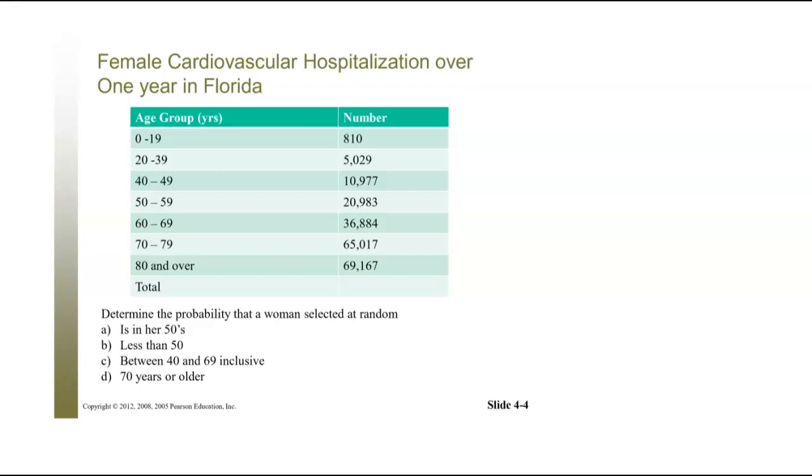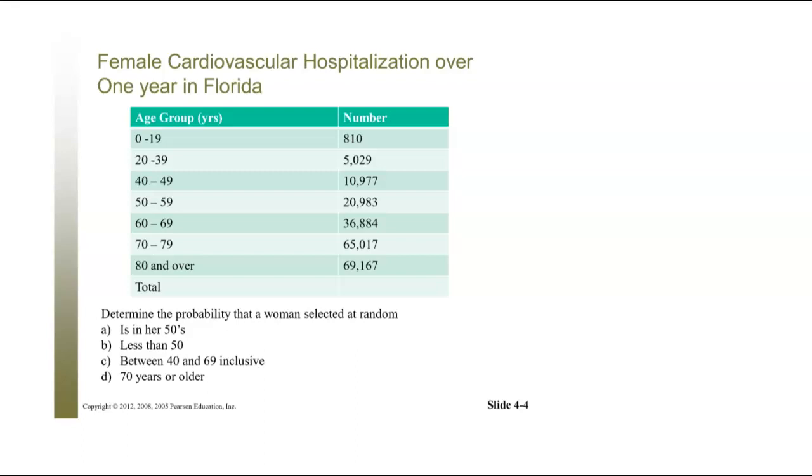So let's suppose that a woman is selected at random. That means each person has an equal chance of being selected. What is the probability that this person is in her 50s, or less than 50, or between 40 and 69 inclusive, or 70 years or older?